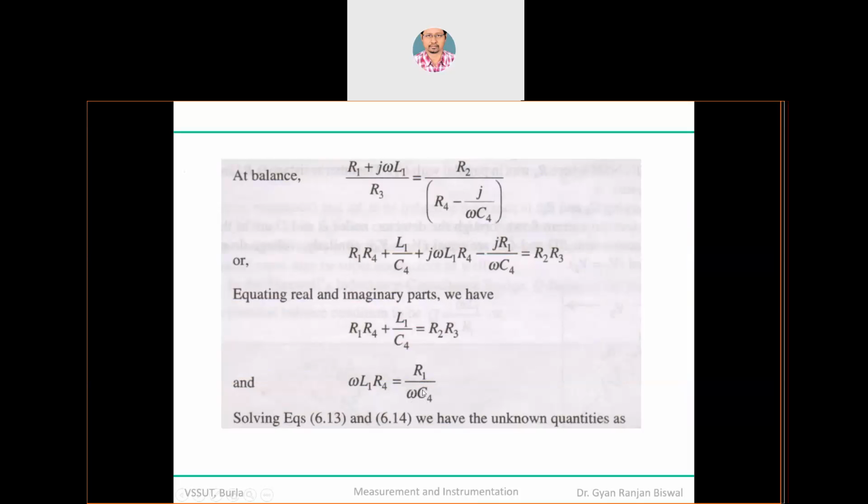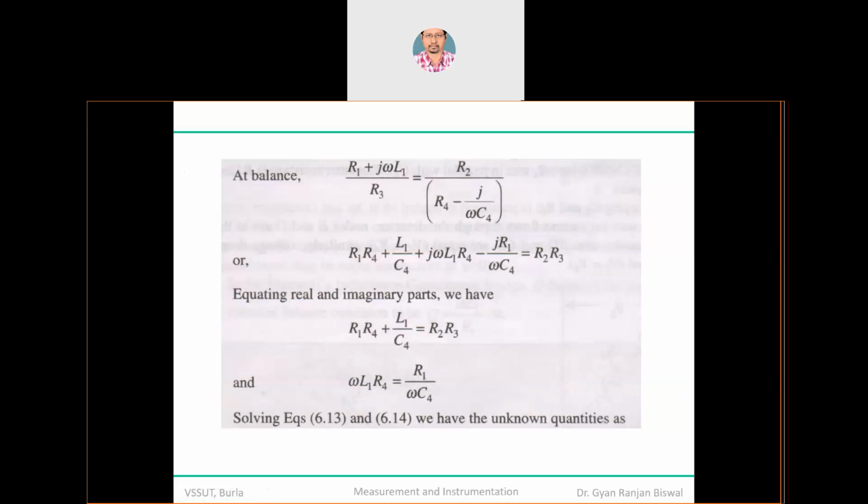So whether you adopt omega L by R, it is omega L1 by R1. If you adopt 1 upon omega RC, then you substitute this value because it is omega L1 R4, modified so that it is rearranged in the form of RC. So it is C4 R4 you are getting, because the omega square becomes negative. So you substitute those values.